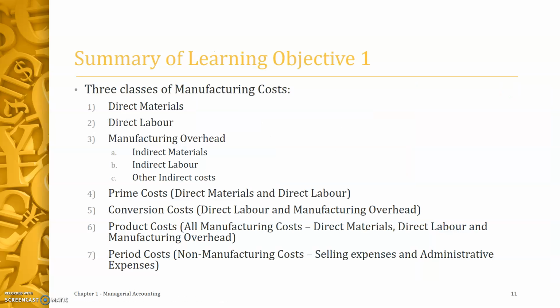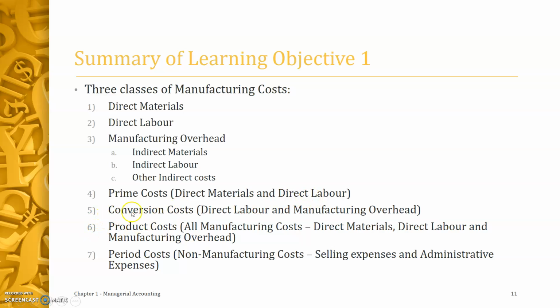This brings us to the summary of the first learning objective. In this video, we reviewed three classes of manufacturing costs, including direct material, direct labor, and manufacturing overhead. Manufacturing overhead includes indirect material, indirect labor, and other indirect costs. Then we looked at prime costs, which include direct materials and direct labor.